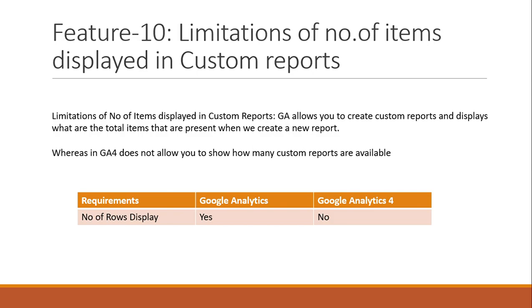If they can give an extension showing the number of items that are present and the number of items that are getting displayed, that will give an understanding of the limitations we have while pulling the data further.